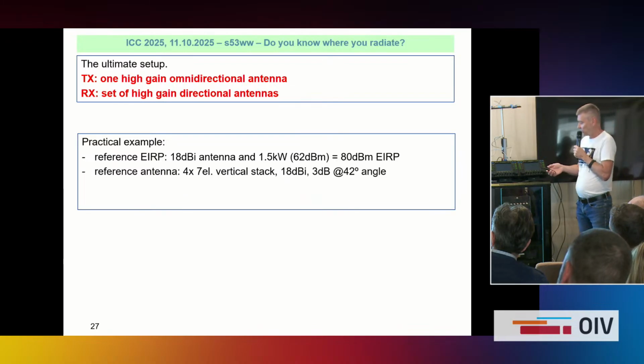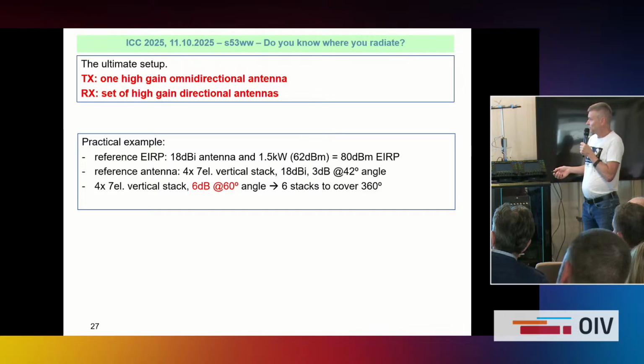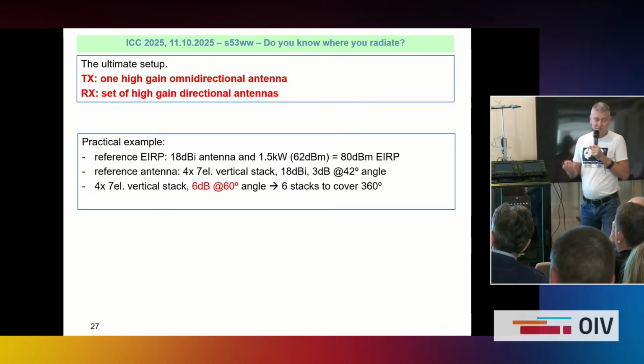Now if you take, I will build a reference antenna out of 4 times 7 elements in vertical, and this antenna has a 6 dB angle at 60 degrees, so I need 6 stacks to cover 360 degrees, right? 6 times 60 is 360. And to keep the same ERP, right?